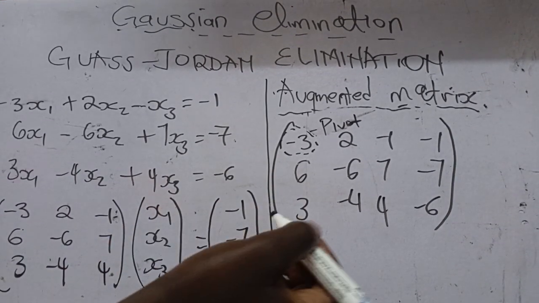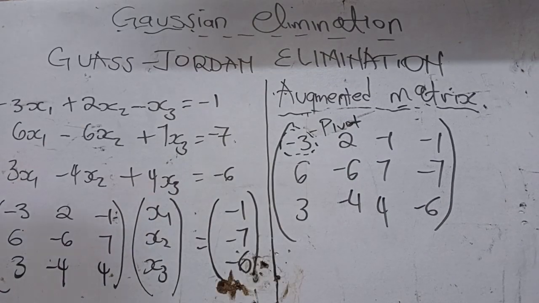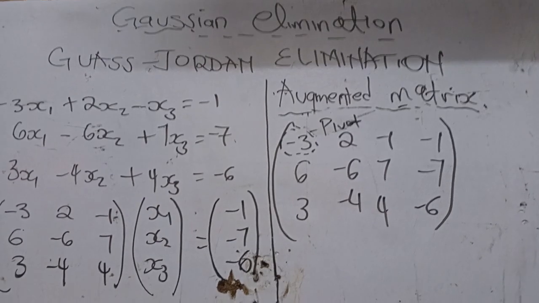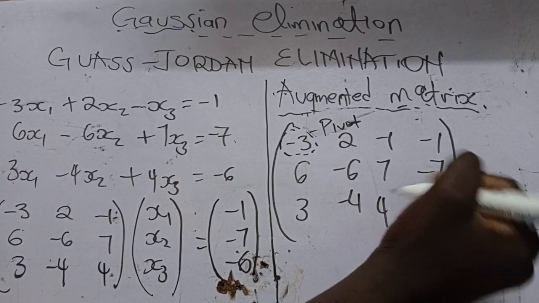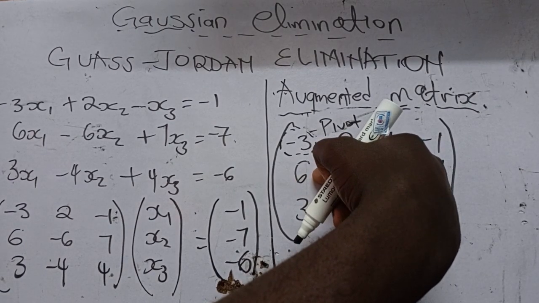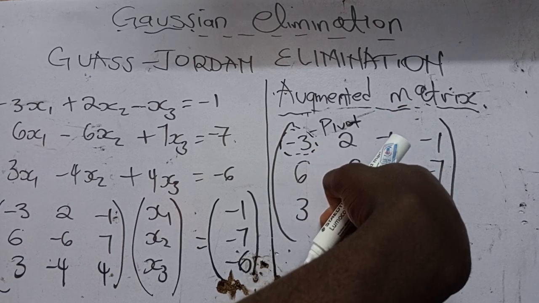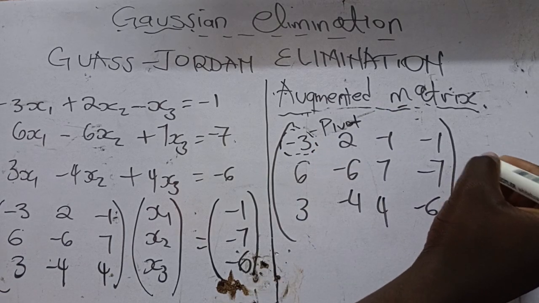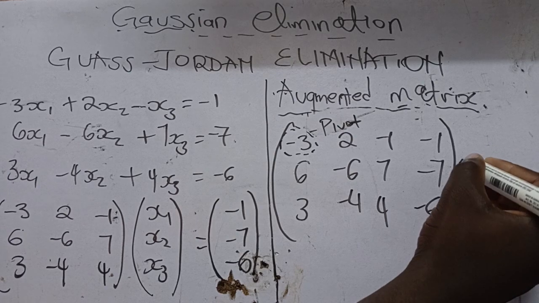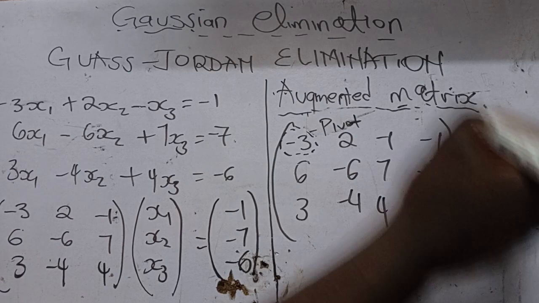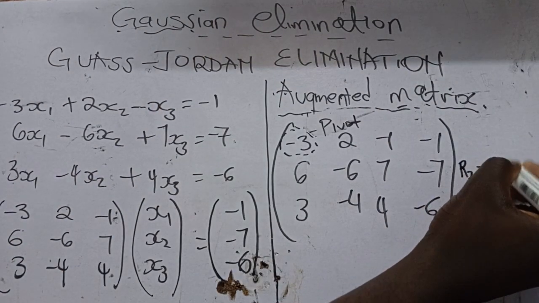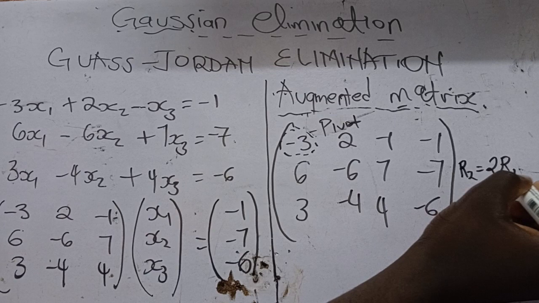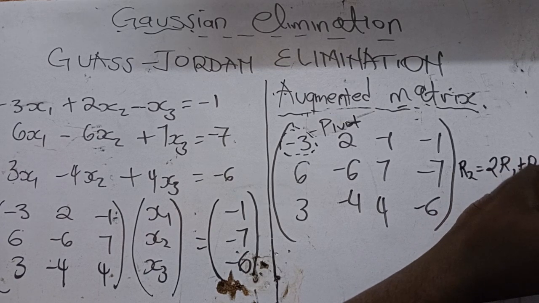So what will you do? Putting all that to be 0, we'll multiply this row so that this one to be 0 and this one to be 0. So row 2, you will take R2 is equal to 2R1 plus R2.